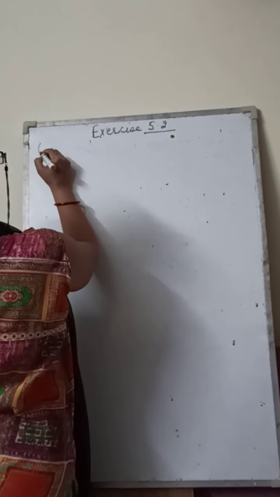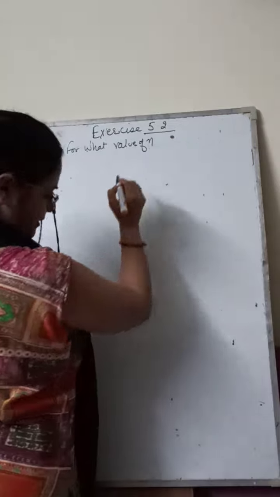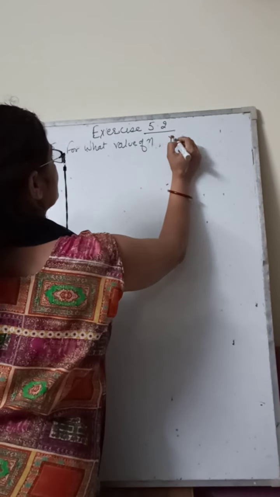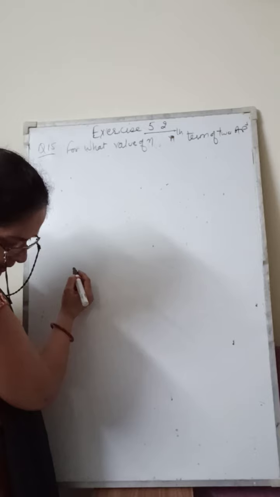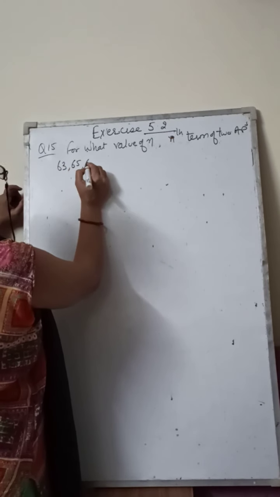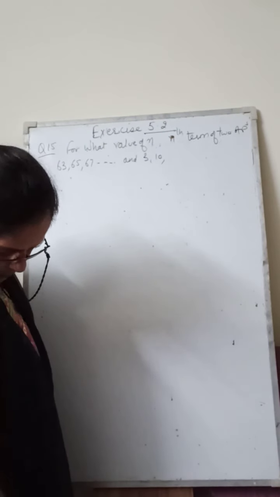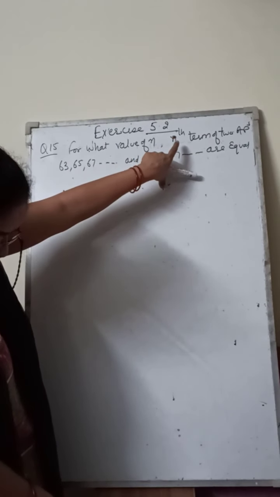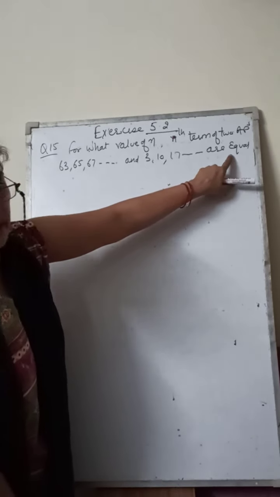For what value of n is the nth term of the two APs equal? One AP is 63, 65, 67, and so forth, and another AP is 3, 10, 17, and so forth. The statement is, for what value of n, the nth term of the two APs are equal.